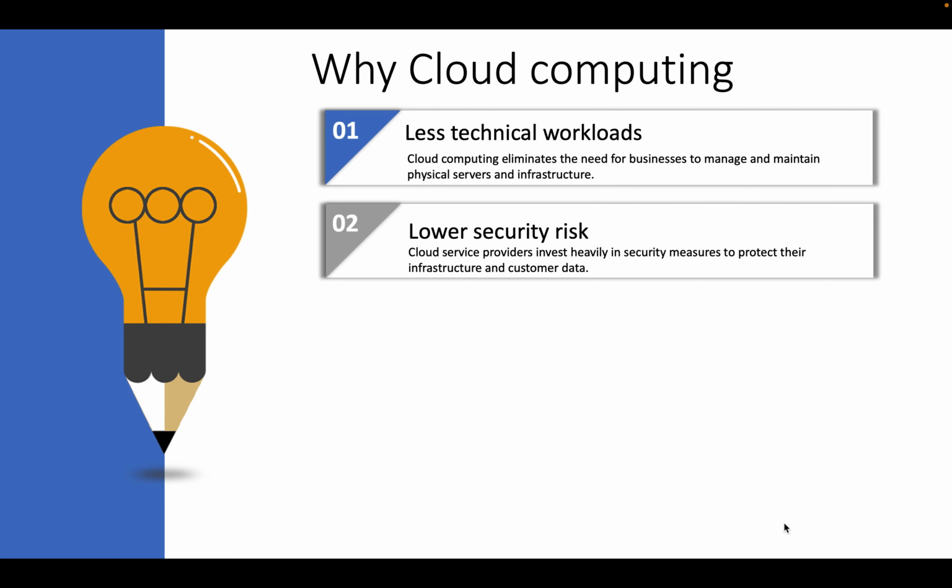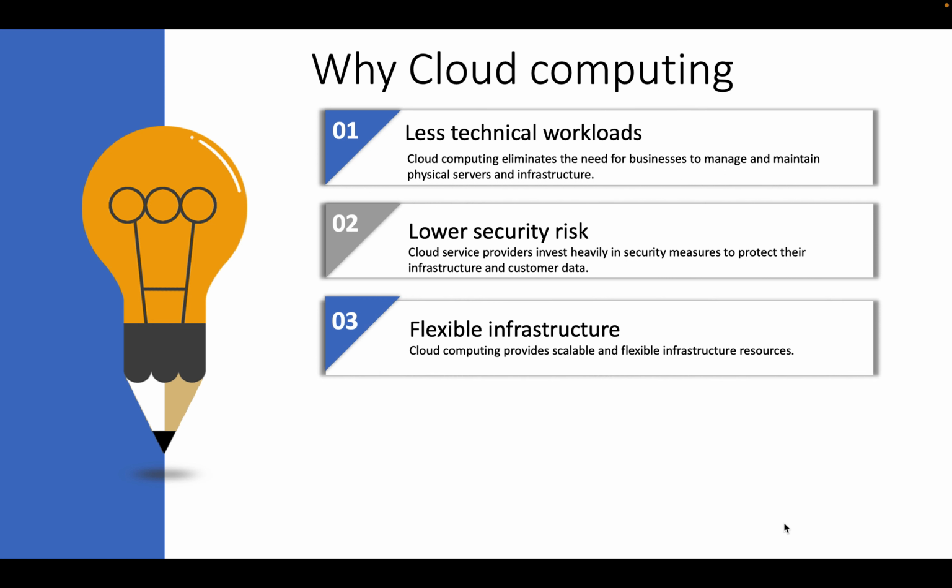Another thing that we see is flexible infrastructure. What does this mean? Cloud computing provides scalable and flexible infrastructure resources. You remember in the earlier lecture, in the fourth month, the manager wanted to solve an issue to do with the downscaling of the server.